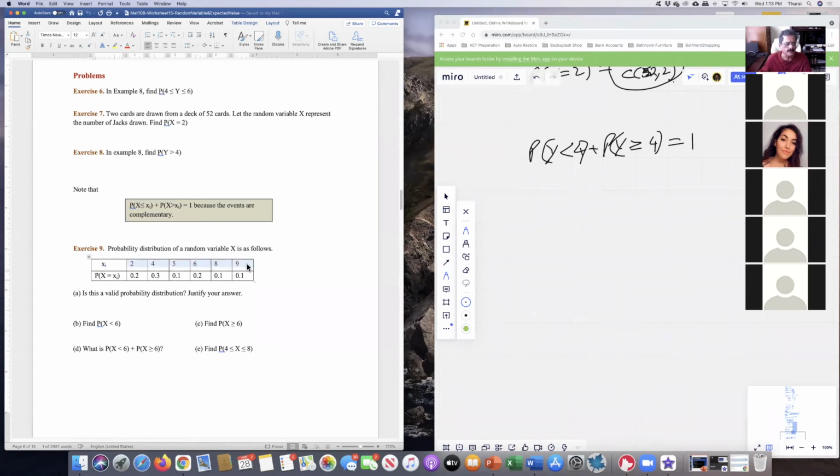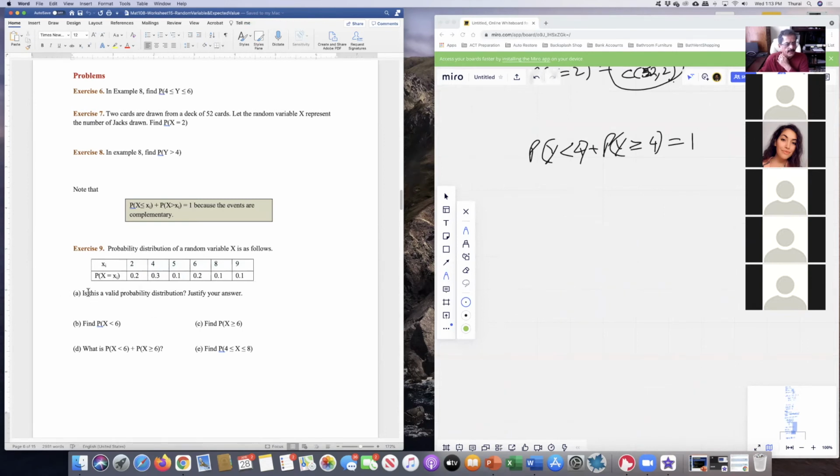In some books, they will write capital X as the column title here. Some books will write xi. The xi represents a value of the random variable x. So just remember that notation. These numbers are the values random variable x can take, and these are the probabilities for those values to occur.